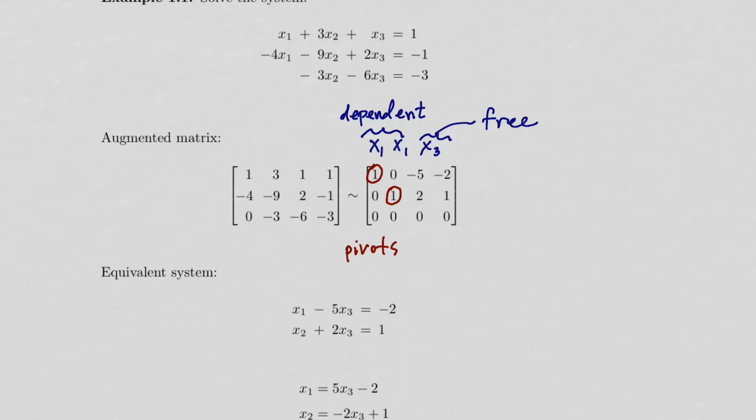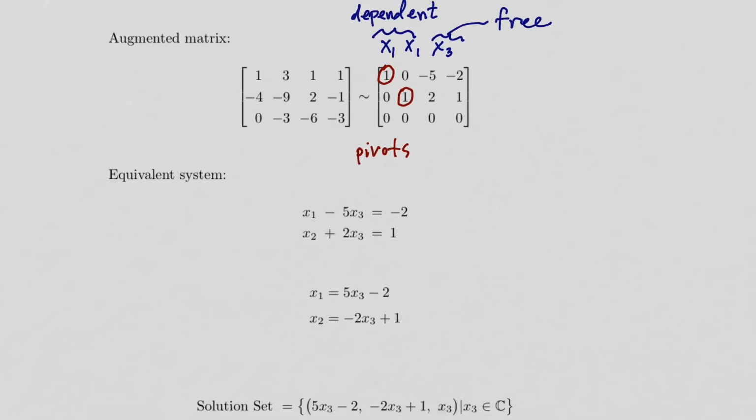So the first row says 1x1 plus 0x2 minus 5x3 equals minus 2. So I leave off the 0 term and just write x1 minus 5x3 equals minus 2. The second row says x2 plus 2x3 equals 1. And then I want to solve for the dependent variables in terms of the free variables.